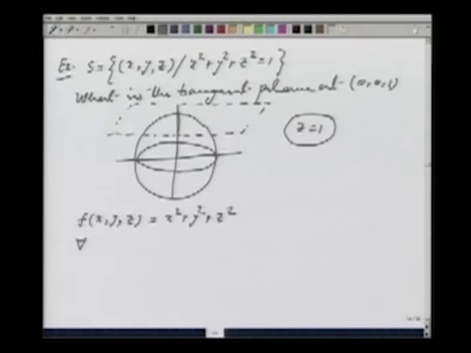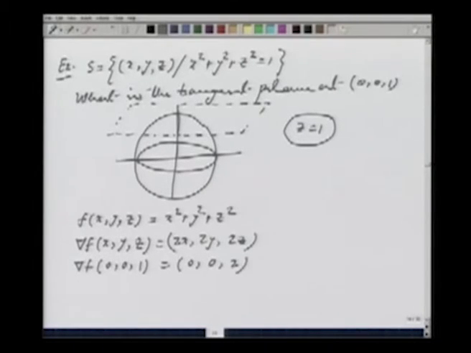Then what is grad f at x, y, z? This is 2x, 2y, 2z. So what is grad f at 0, 0, 1? This is 0, 0, 2.